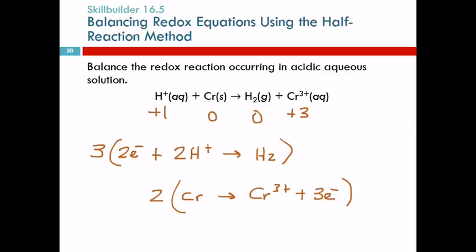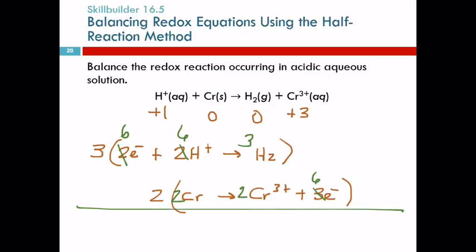I'm going to distribute those, okay? So this then becomes 6 and 6 and 3. And down here this becomes 2 and 2 and 6.